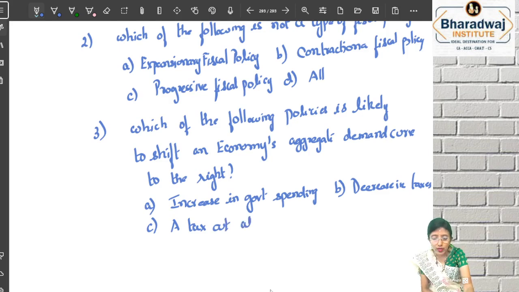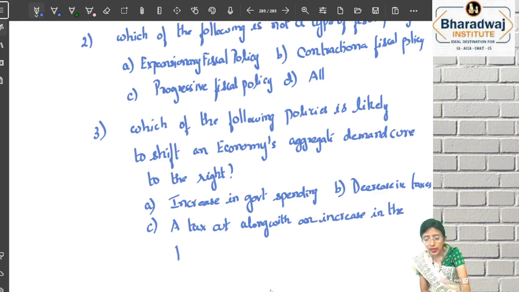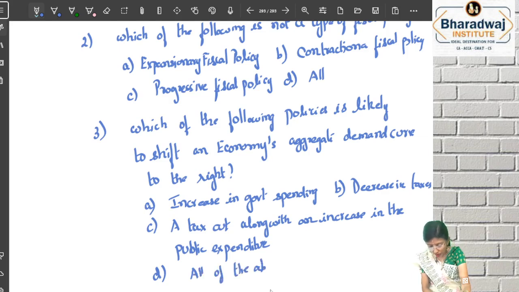C, a tax cut along with an increase in the public expenditure. D, all of the above. Okay.